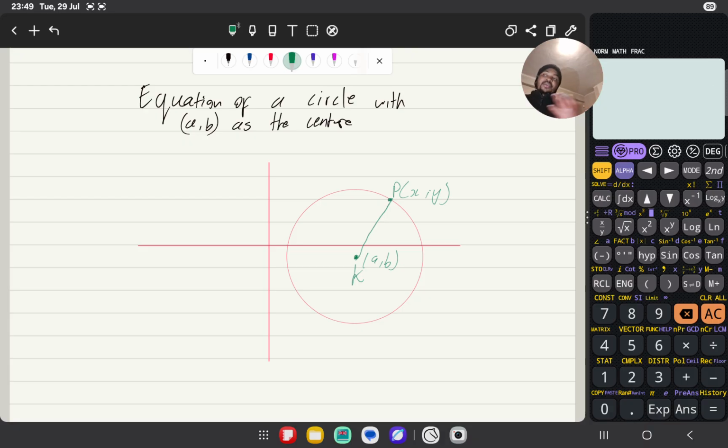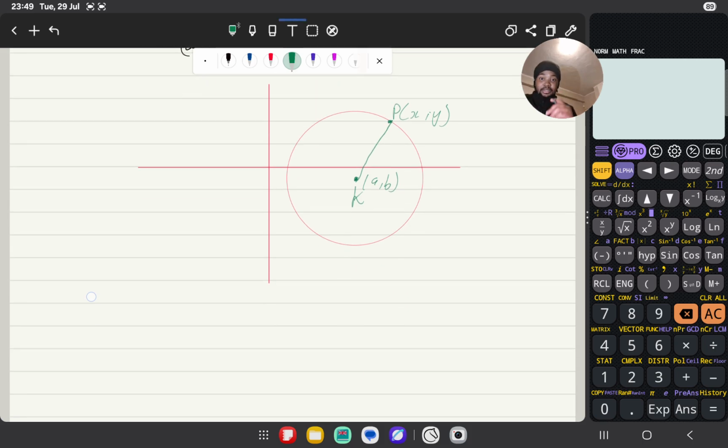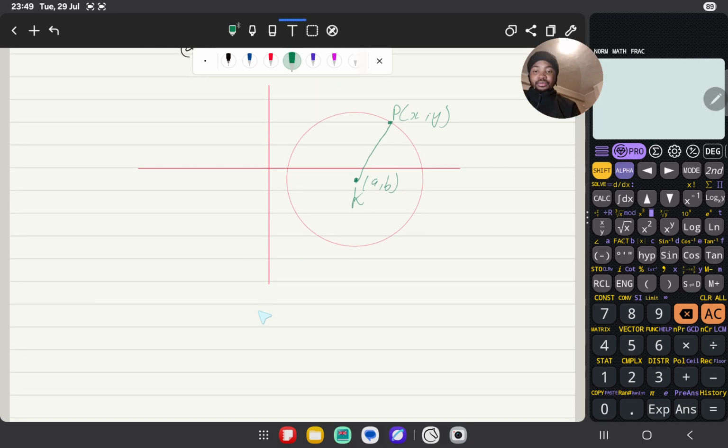Now, find me the distance for my radius. You will say, okay, this is r. You would say the distance for KP is going to be the square root of (y1 minus y2) squared plus (x1 minus x2) squared.